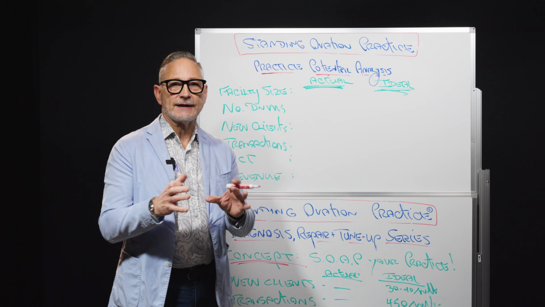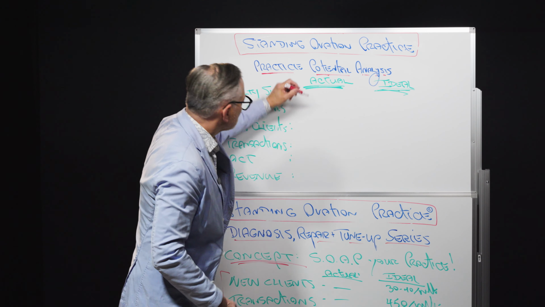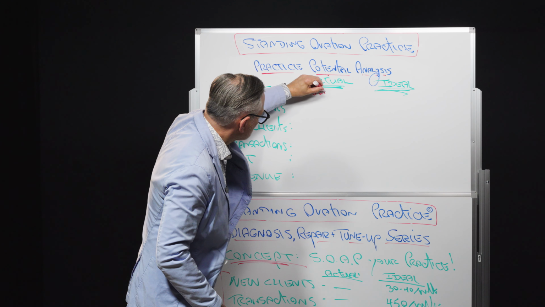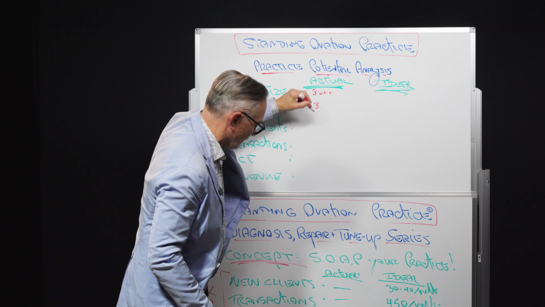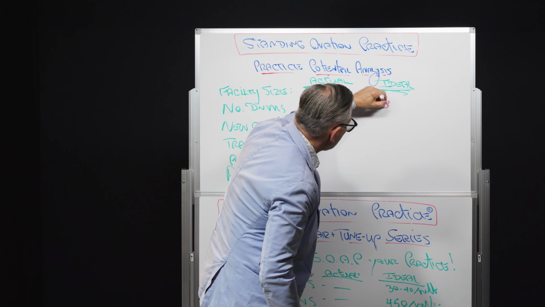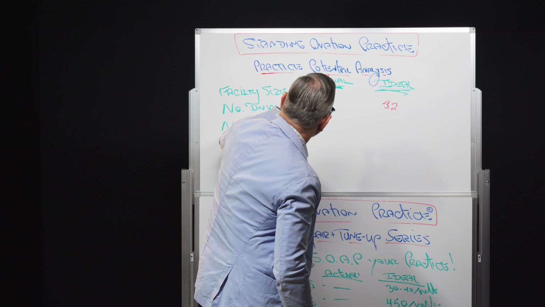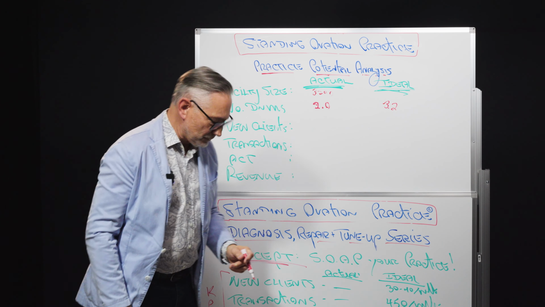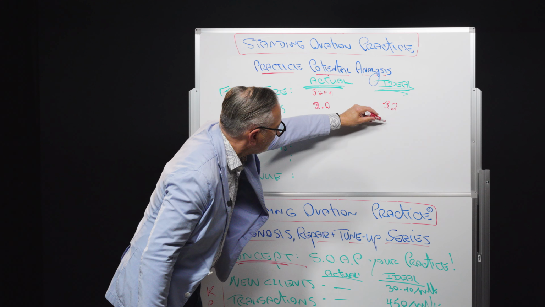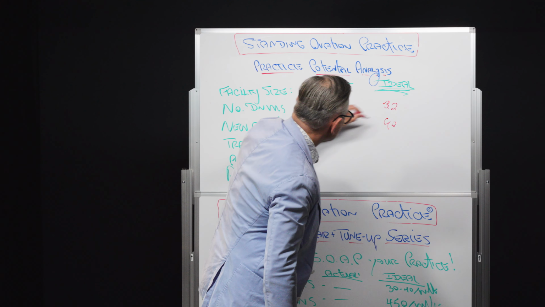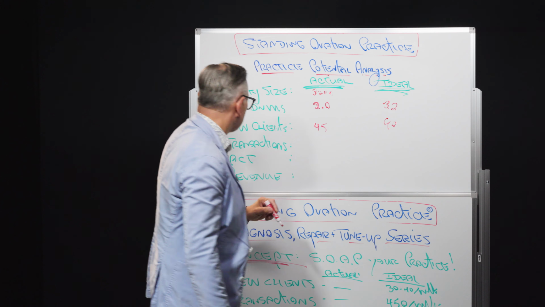So using the data out of your practice, we've got our facility size. Let's say that's 3,200 square feet. That would mean we would ideally have 3.2 DVMs. Let's say you've got 2.0, then you're losing some potential there. Let's say we should ideally have 90 new clients, but you're running at 45, you're losing money there.